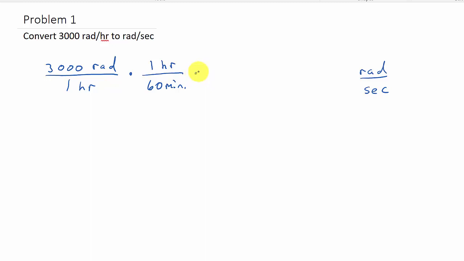So I need to get seconds down here. Well, I can relate minutes and seconds. So I know that 1 minute is how many seconds? 60 seconds. And then you can see here that the minutes cancel out, the hours cancel out.